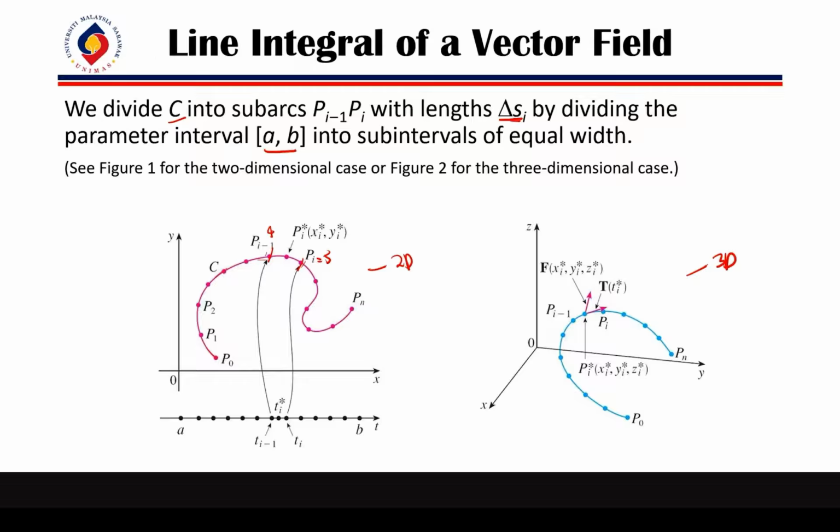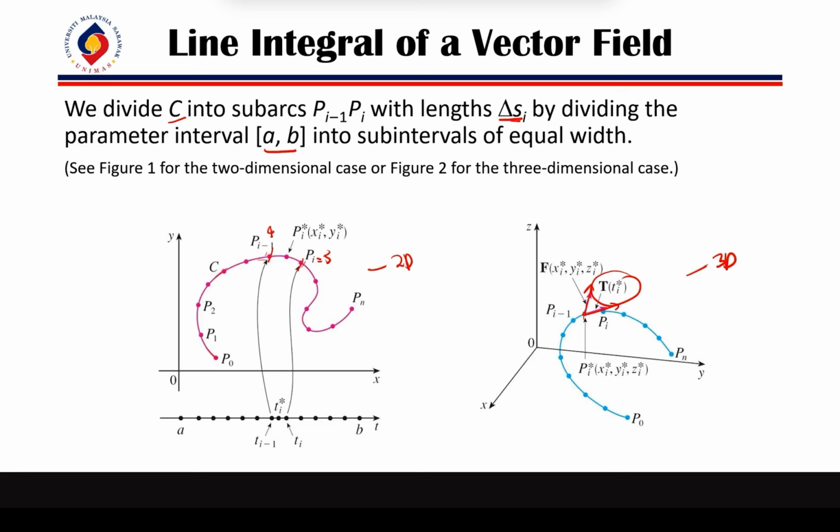So in this three-dimensional space, as we can see, we divide the curve. Also we can divide at Pi and Pi minus 1, but by using the tangent unit vector here. So let's say we have the Pi here, and the tangent unit is somewhere here, and the function is somewhere here.